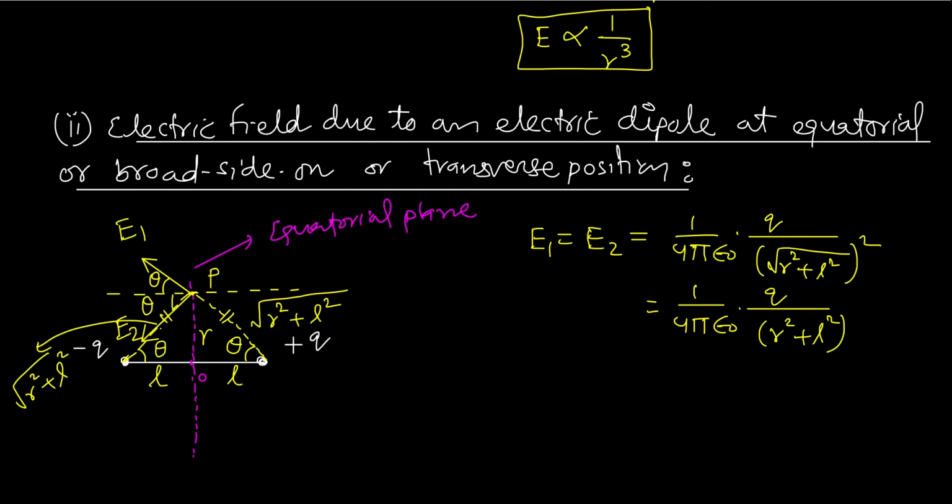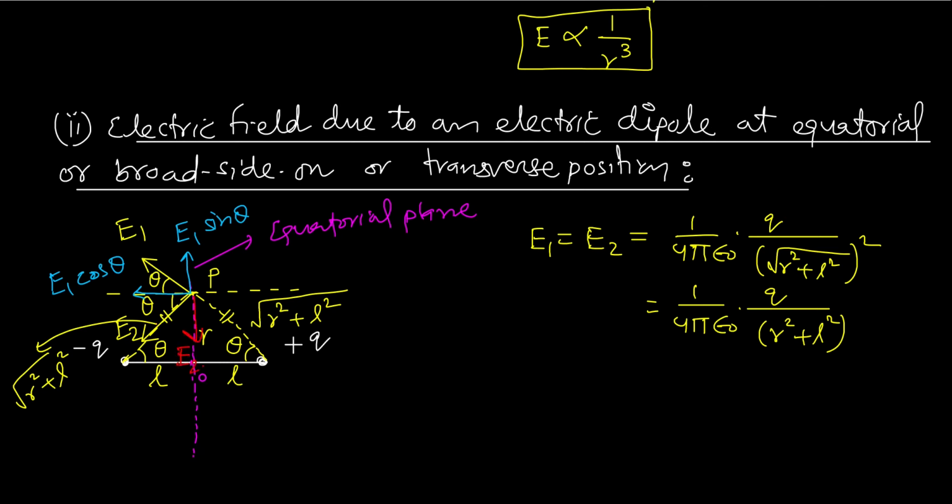So E1 and E2 are equal in magnitude, so you can resolve these 2 electric fields into perpendicular and parallel components. So E1 can be resolved like this. It will be E1 sine theta, and the E1 cos component will come in this direction, E1 cos theta. Similarly, you can divide E2 also into components.